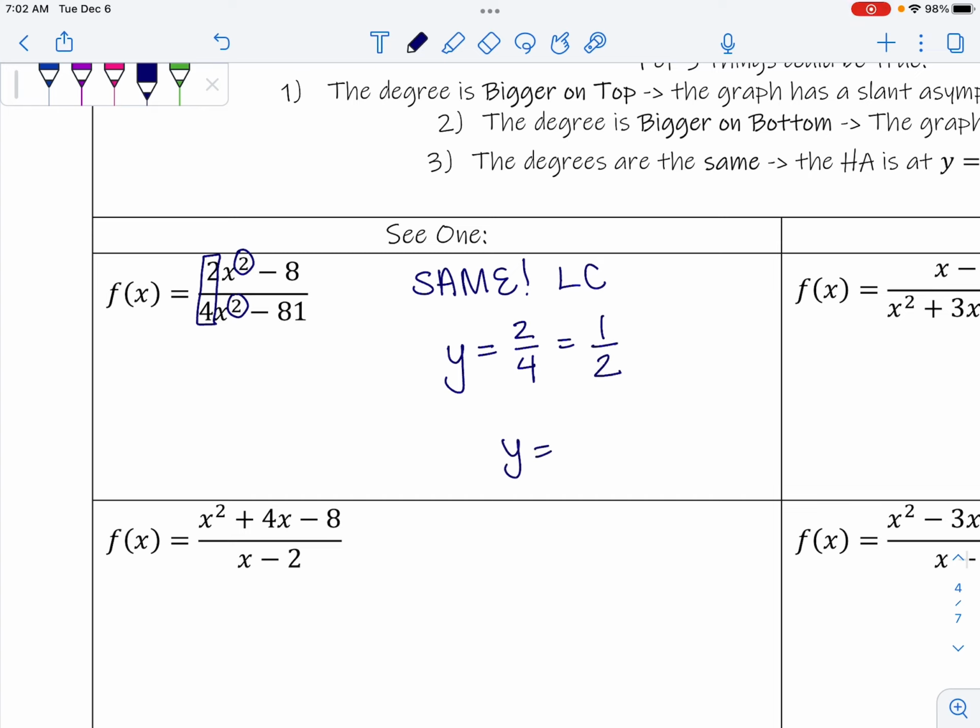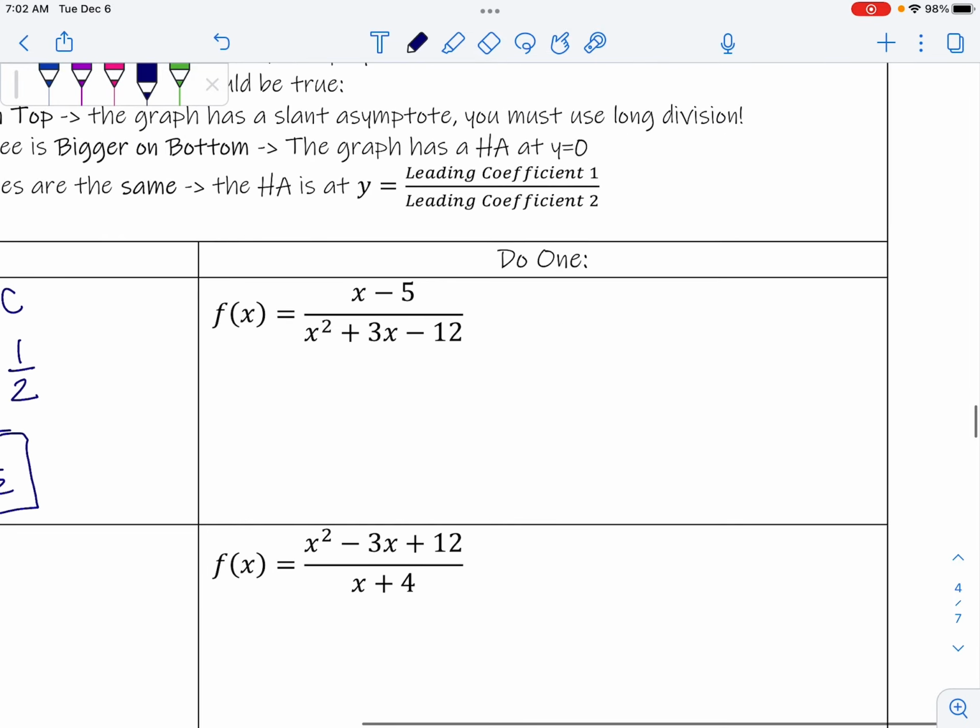Y equals 1/2 is where the horizontal asymptote is. For this next one, I have x to the first power over x squared. This one is bigger on bottom. When it's bigger on bottom, then my horizontal asymptote is just at y equals 0.